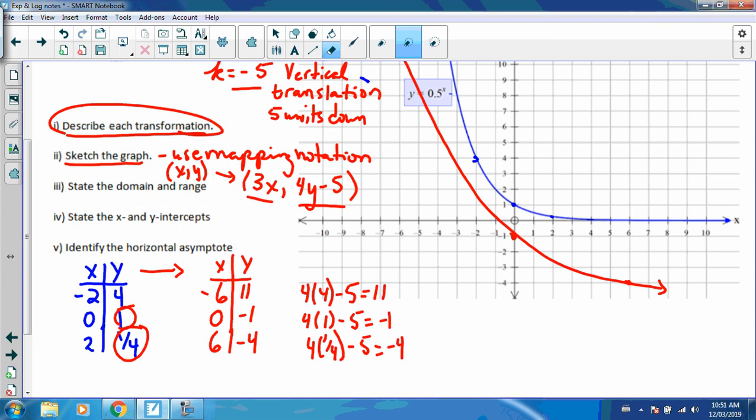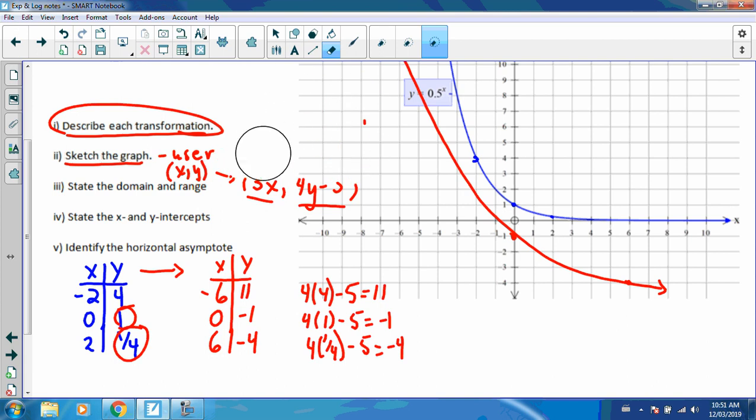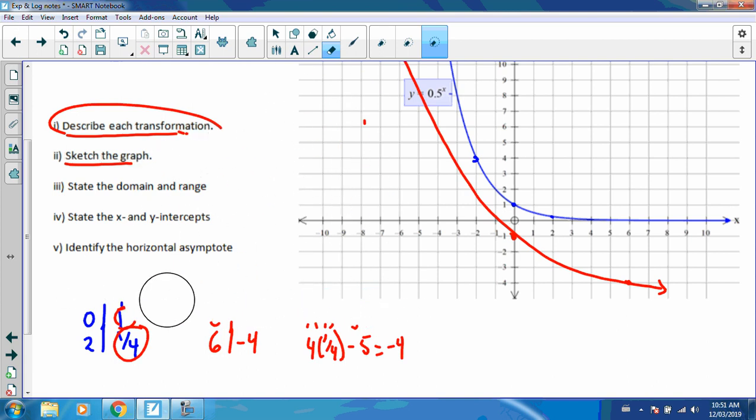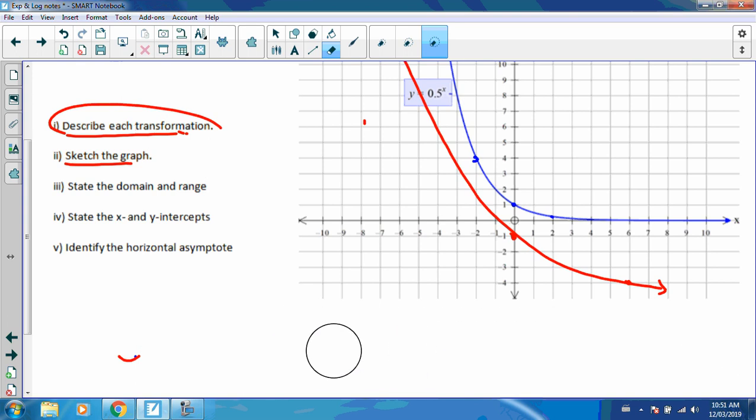I'm just going to erase this and erase this, there we go, to have some more space to work here. Okay, so my domain for this is going to be x is an element of real numbers. Oops, I'm sorry, I'm writing the wrong thing.